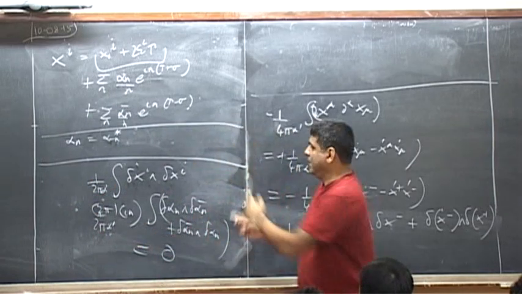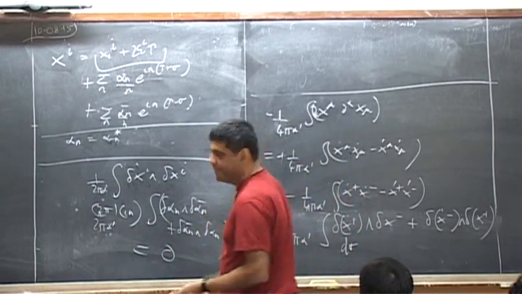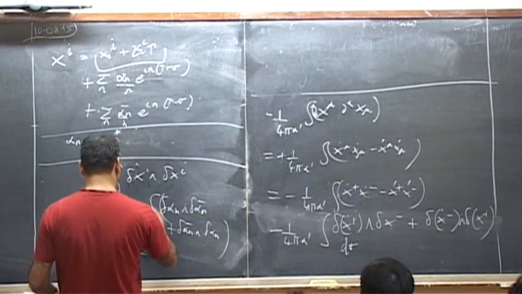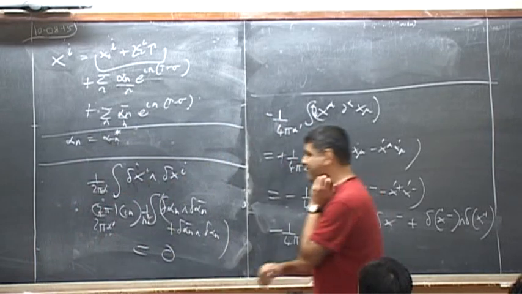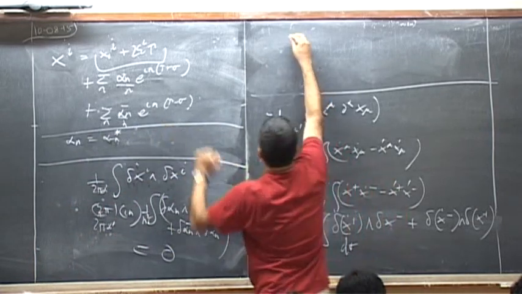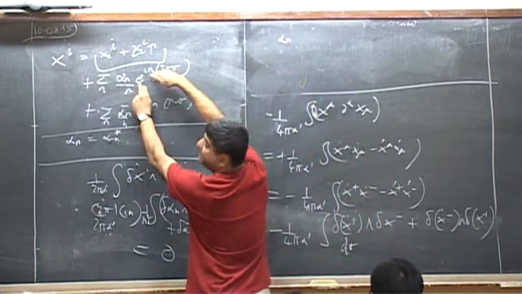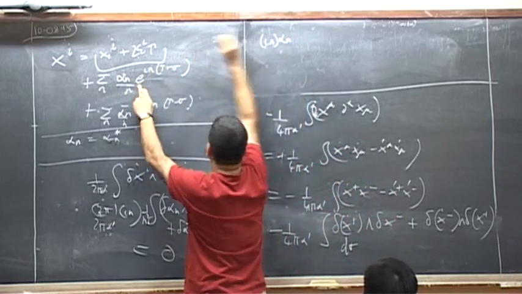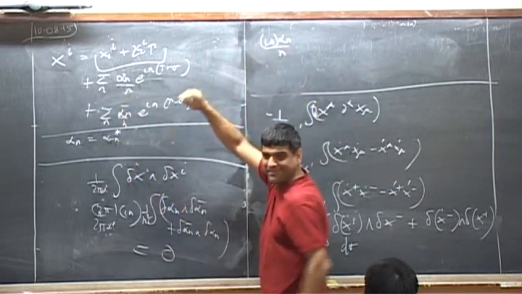Okay? Let's evaluate one of them. I didn't miss out a factor n squared, I'm sorry, 1 by n squared. We get alpha n. Now we take the time derivative, so we get i n, we have a 1 by n.